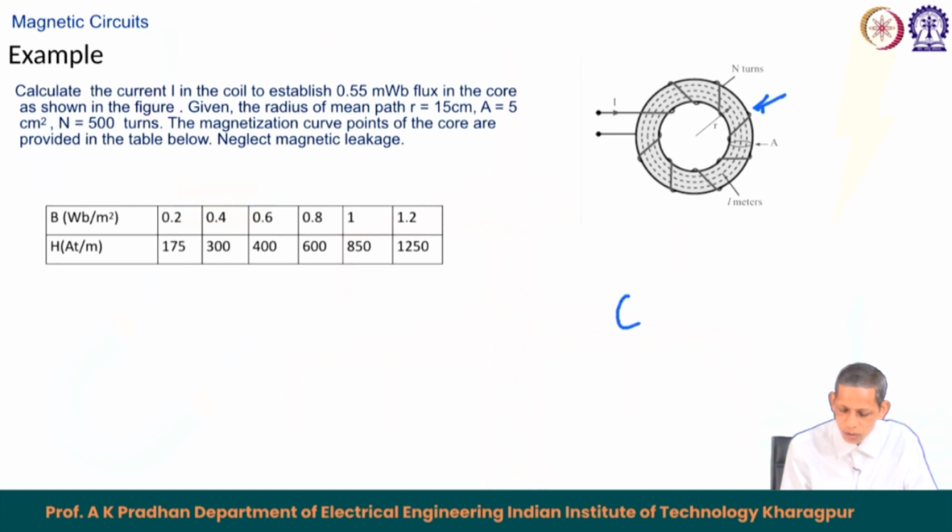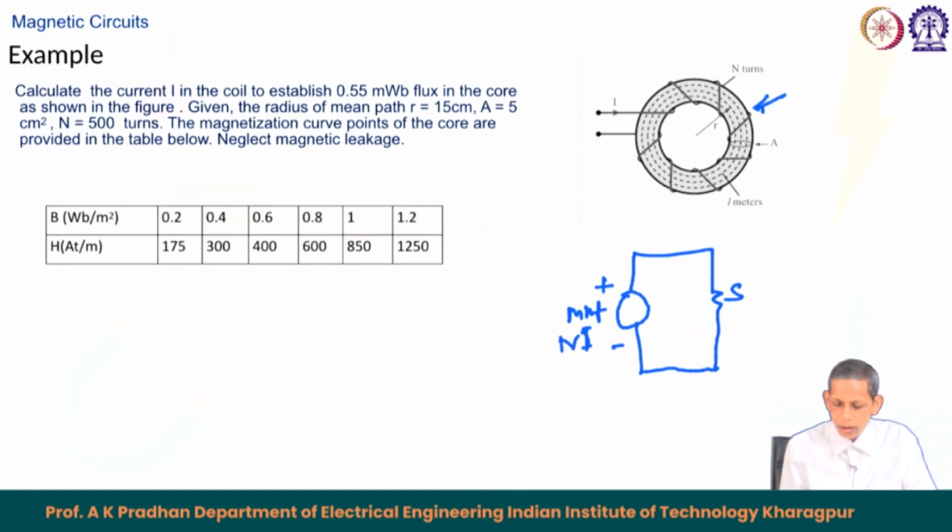So, for this case also the MMF is N into I, and then we have the corresponding reluctance S here. So, this is a case. And the flux phi is there.